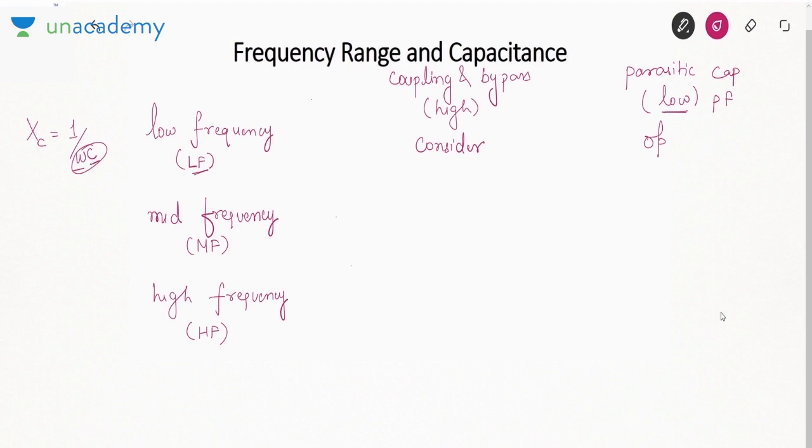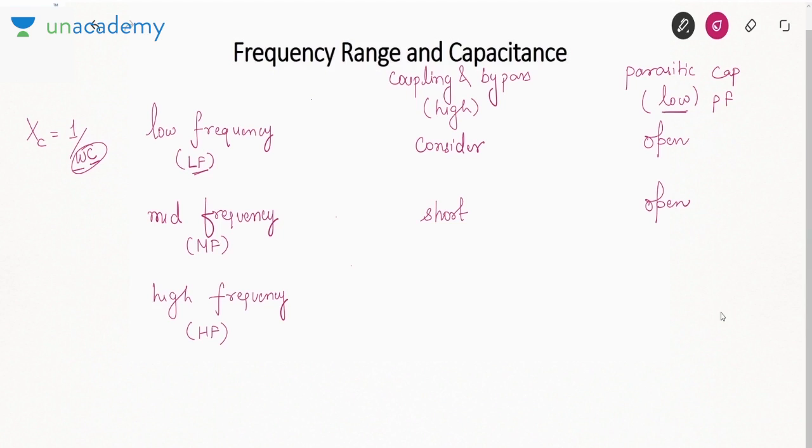High means it will be open. So if capacitance and frequency both are low, then it will be open. In mid frequency range, we short circuit the capacitor, which we were doing earlier, and we open circuit parasitic capacitance. Earlier I told you when doing AC analysis, short circuit the capacitor. But I was never showing you the internal capacitances because internal capacitances were open circuited.